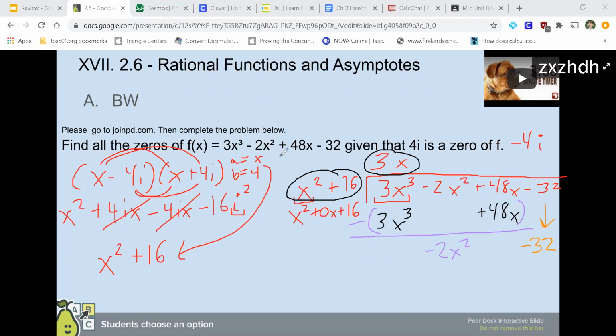So back to the top, I'm going to divide. Negative 2x squared divided by x squared is negative 2. If I multiply negative 2 by x squared plus 16, I get negative 2x squared minus 32.